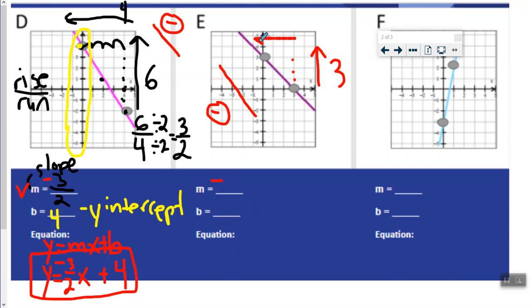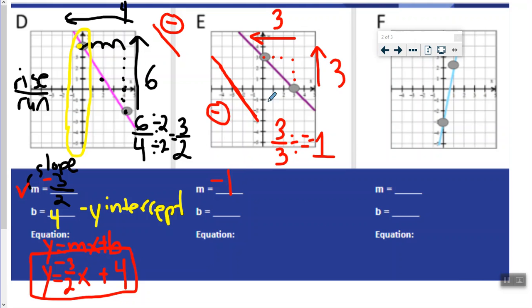And how many spaces do I go to the left or run to the left? 1, 2, 3. So my slope is 3/3. If I do 3 divided by 3, my answer is 1. But remember, this is a negative slope, so my answer needs to be -1.